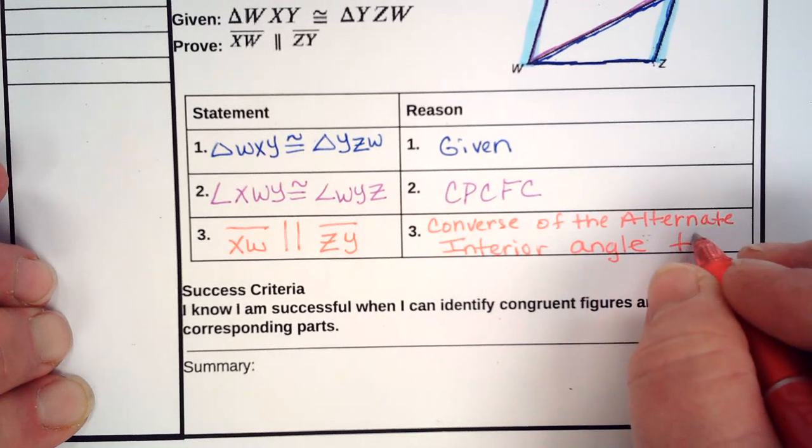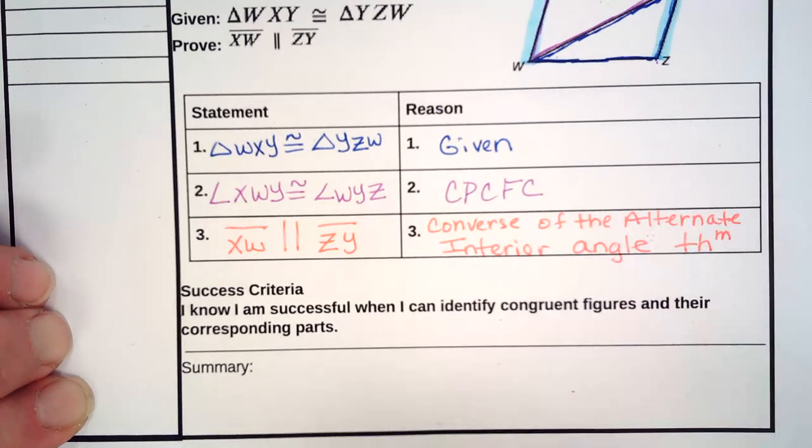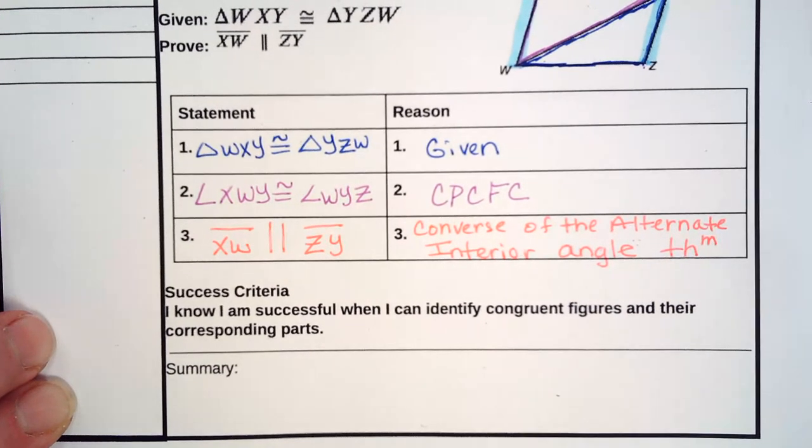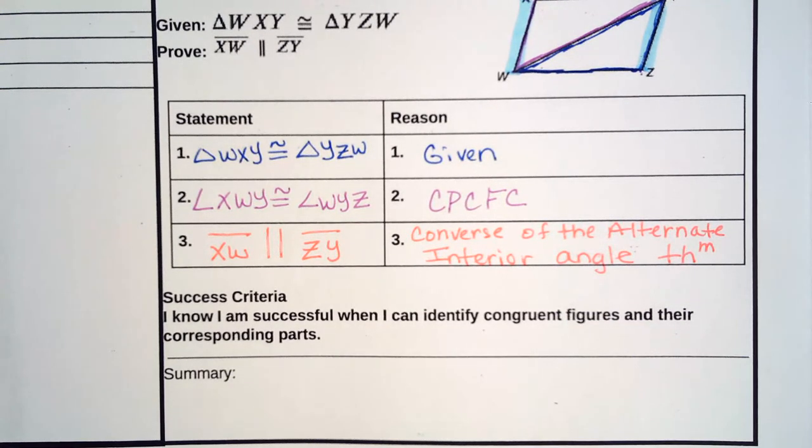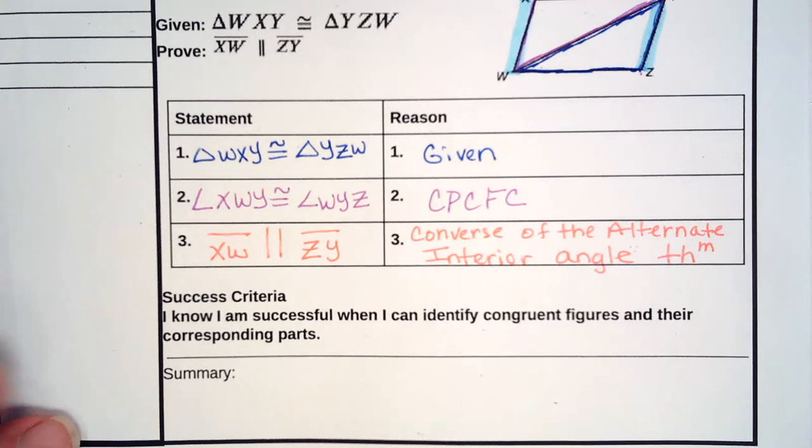I'm going to shorten theorem down to TH with a little m up above. So, you started out with what was given. You use the fact that you've got congruent triangles to state that corresponding parts are congruent. You state that they're parallel by a converse of the alternate interior angle theorem.